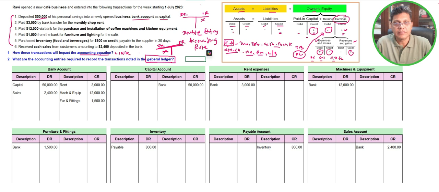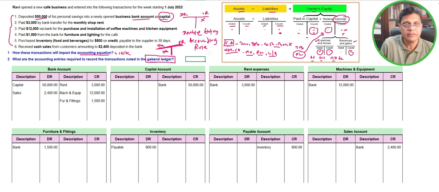So the asset increases, therefore you need to debit the asset account, and you need to credit the capital account because the obligation towards the owner increases. So any increase in capital should be credited.